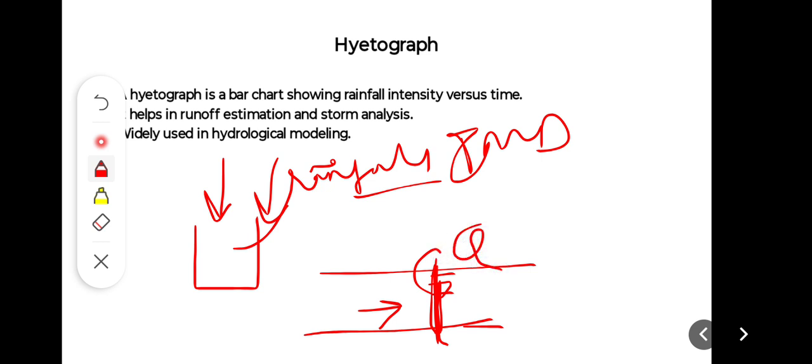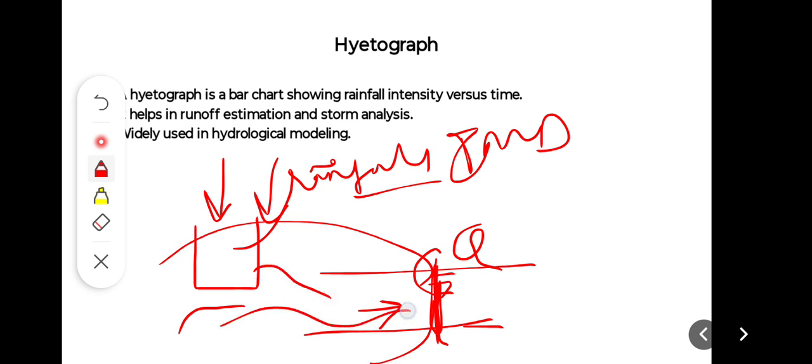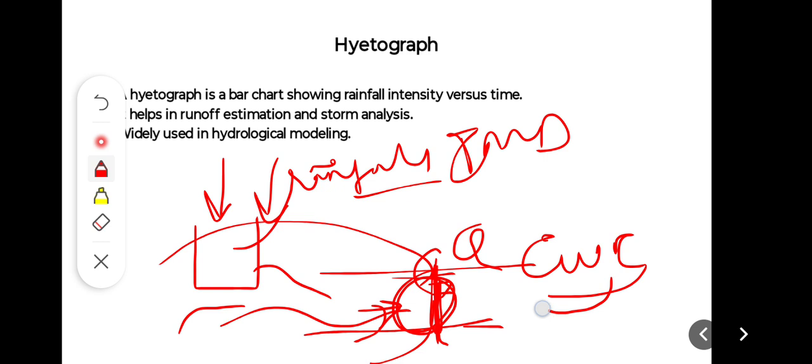If rainfall takes place upstream, we can measure the discharge at a particular point downstream. CWC, the Central Water Commission, and state government agencies also measure runoff for the rivers of India. So we have rainfall P and we have runoff Q.